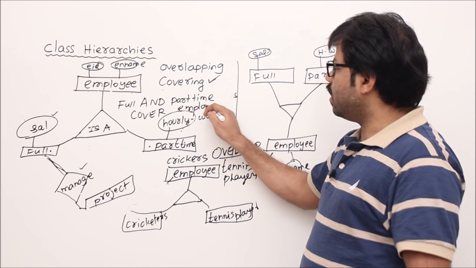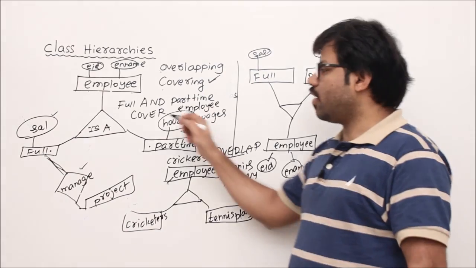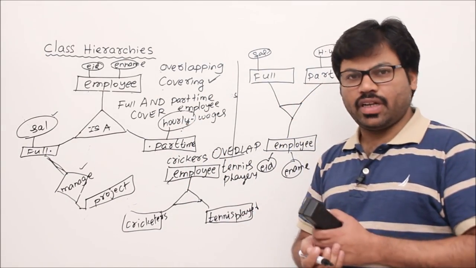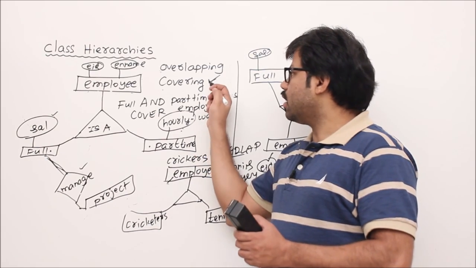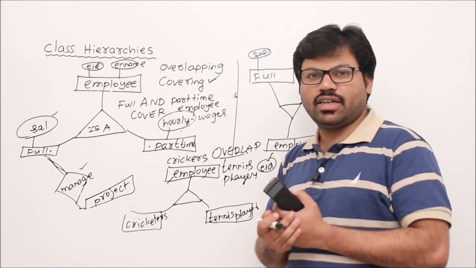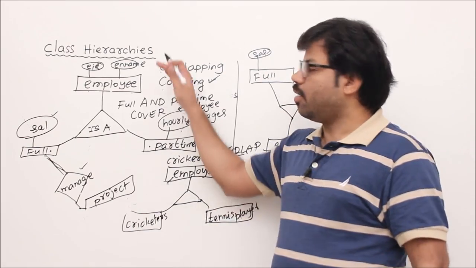If you write like this, then we can understand that there is a covering property. If you don't write it, by default it is a non-covering property. So this is about mentioning the covering property and overlapping conditions. Understand? So finally we have learned about class hierarchy.